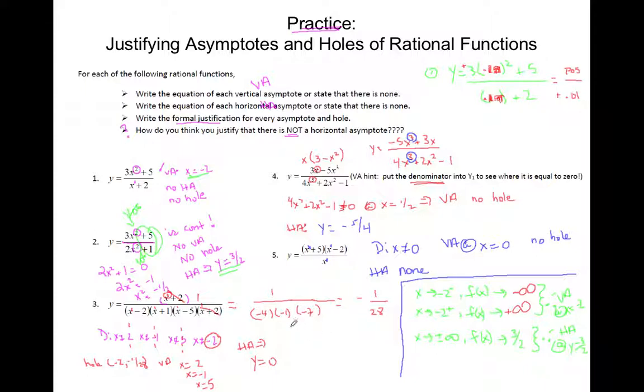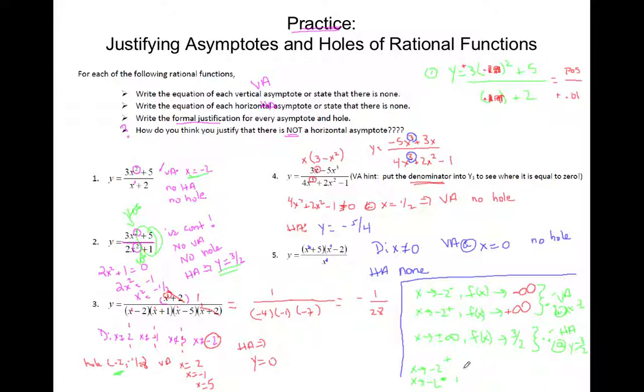All right, let me go justify the hole in number 3. Again, I'm just writing as x approaches -2 from the right, and as x approaches -2 from the left.